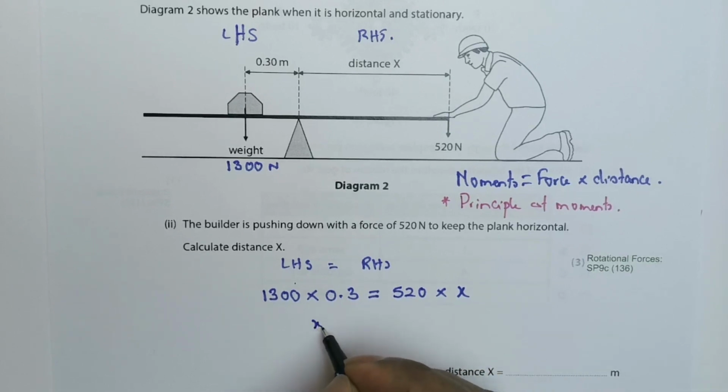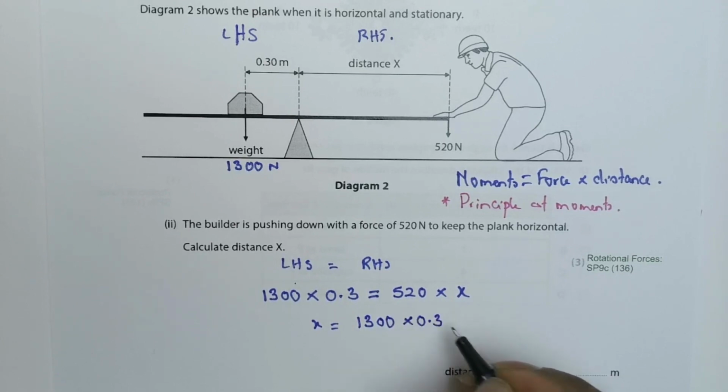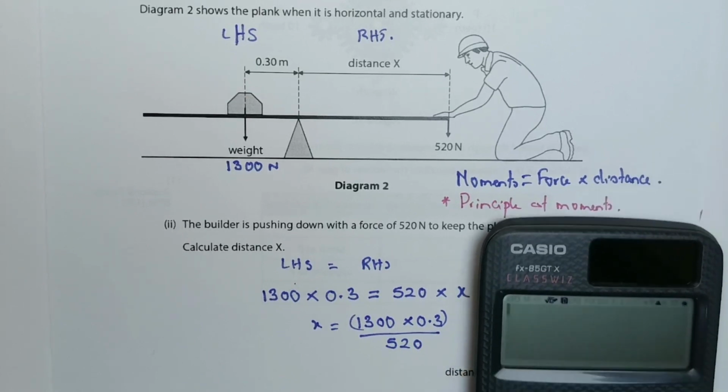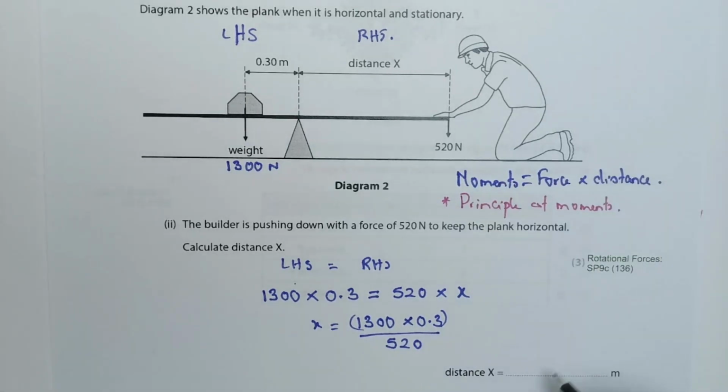So x equals 1300 multiplied by 0.3 divided by 520. 1300 multiplied by 0.3 is 390, divide that by 520, that gives you 0.75 meters.